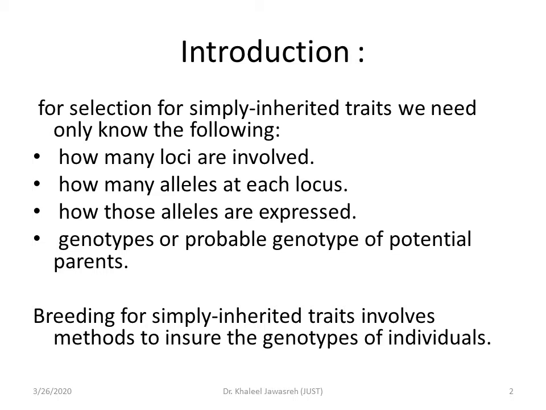Now we have the loci involved in the inheritance of this trait. Then we will go deeper to understand how many alleles can be found in this locus. In addition to that, you do need to know how those alleles are expressed.